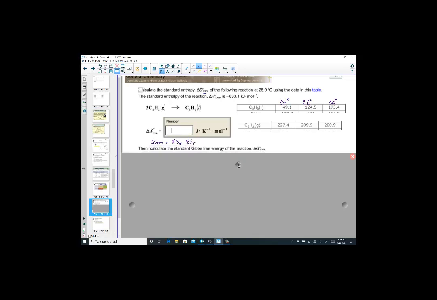And so this begins really with just an idea of going back to review from last lesson, how to calculate the delta S of a reaction. The C6H6 as a liquid has a delta S of 173.4, and remember that unit is a joule per Kelvin mole, and that acetylene C2H2 in the gaseous form has a delta S value of 200.9, and again that's a joule per Kelvin mole.